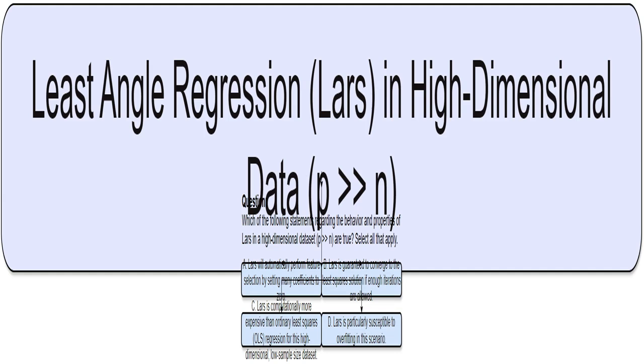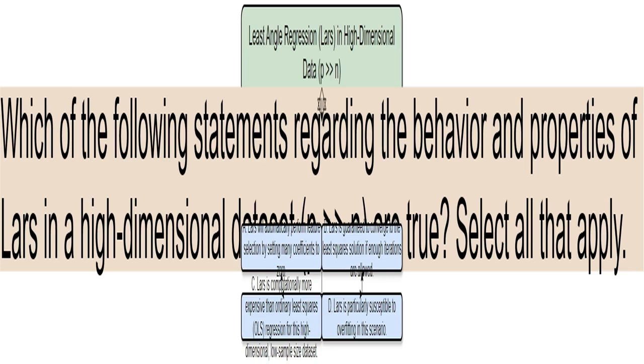This is particularly handy when I have a high-dimensional dataset. I'm going to evaluate each statement based on how Lars works with a high-dimensional dataset, where the number of features greatly surpasses the number of data samples. We'll analyze each choice individually using my understanding of the algorithm and its properties in the context of high-dimensional data.